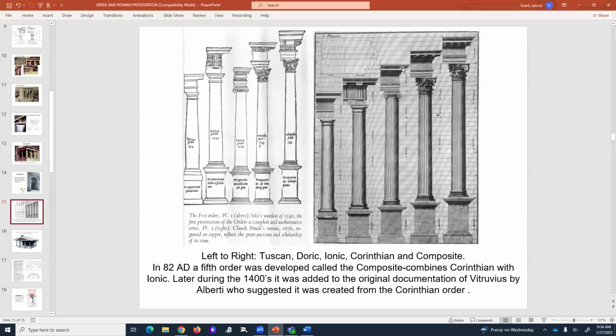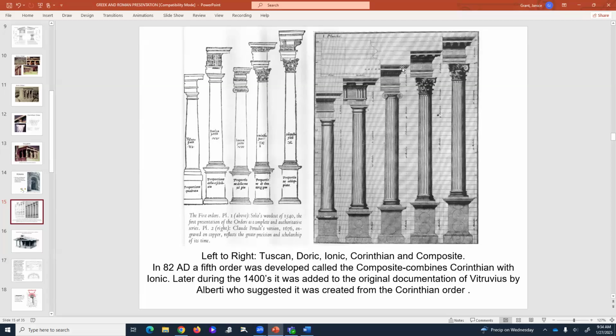All right, there are more than three columns that are recognized. Although those three that we talked about are the three right here in the middle, and honestly the most popular.